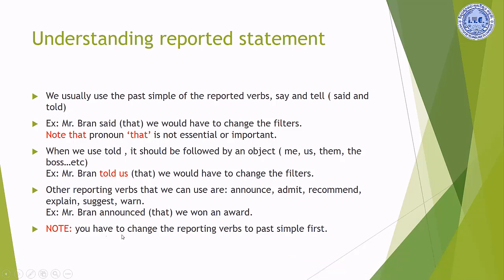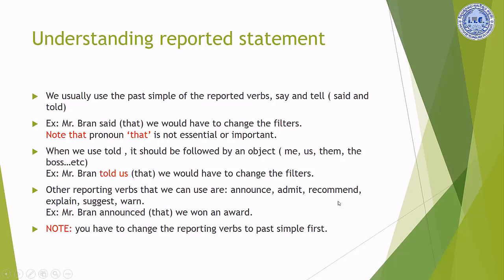Note you have to change the reporting verb to past simple first. Any reporting verb must be changed to past simple form, like announce here. If you want to use it in a reported speech sentence, you have to use it in past simple, as say becomes said, tell becomes told, admit should be admitted, recommend should be recommended, or something like that.